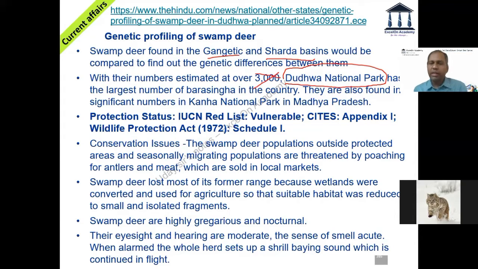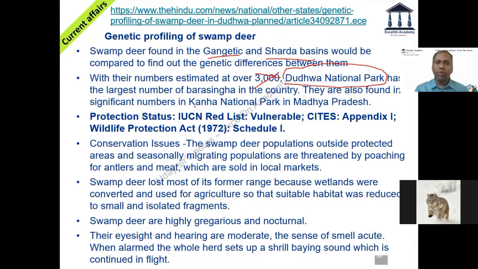Then we said one is the Terai belt, then there is a northeast belt, then an Eastern Ghats belt, then a Southern Western Ghats belt, then a Central belt and all that. So your Dudhwa is part of your Terai belt. Can you imagine Terai? It is approximately your India and Nepal boundary. That roughly corresponds to Terai.